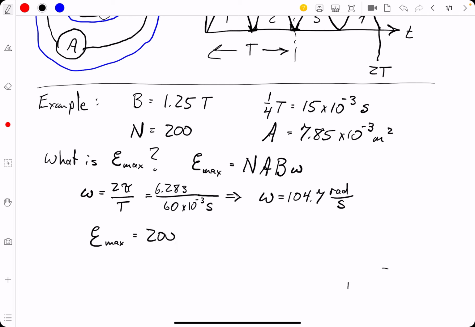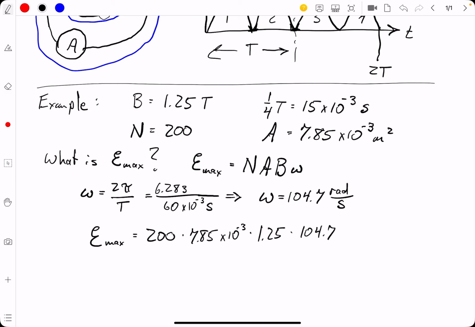So we've got our 200, and we're going to multiply 7.85 times 10 to the minus 3 times our 1.25 magnetic field times our omega at 104.7. 104.7, that's my favorite radio station.